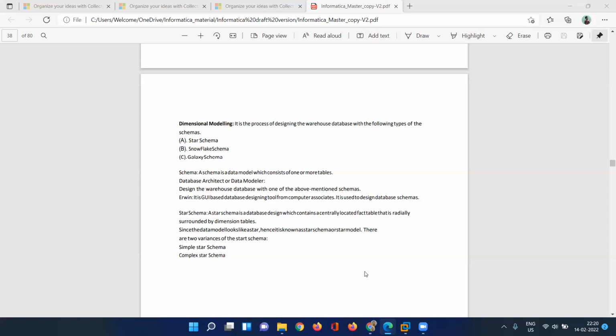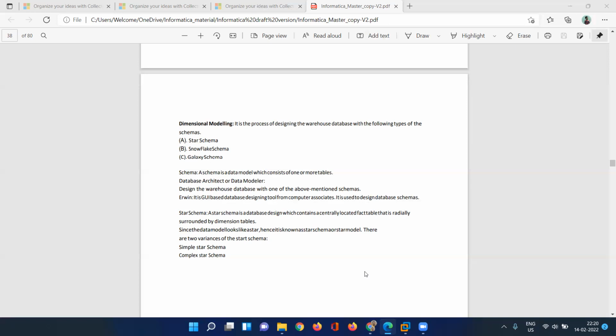This schema is designed with the help of the Erwin tool. At a high level, the database architect and database modeler take the actions and gather the information accordingly. They will design the schema with the help of the Erwin tool.